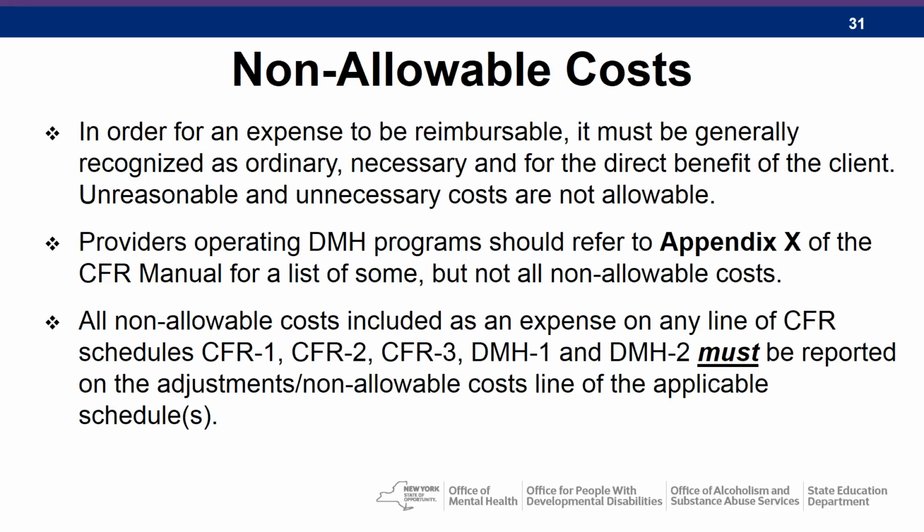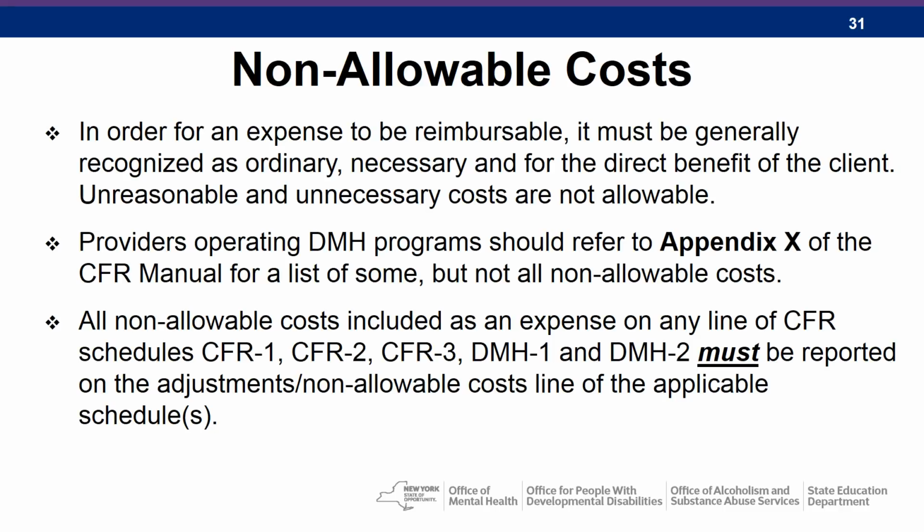In order for an expense to be reimbursable, it must be generally recognized as ordinary, necessary, and for the direct benefit of the client. Unreasonable and unnecessary costs are not allowable. Providers operating DMH programs should refer to Appendix X of the CFR Manual for a list of some, but not all, non-allowable costs.